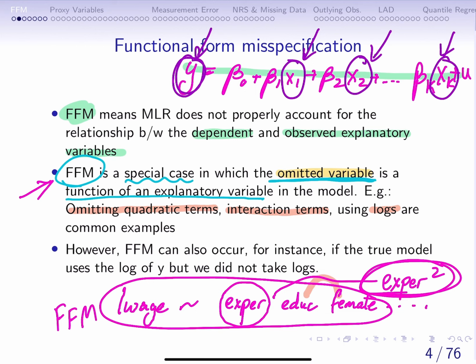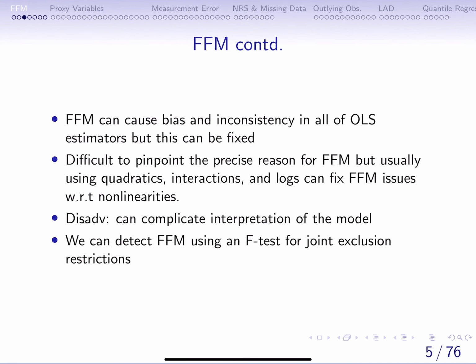Those are common examples of why this occurs. While functional form misspecification does cause bias in our OLS estimators and makes those estimators inconsistent, these are serious problems that can be fixed in not such complicated ways.